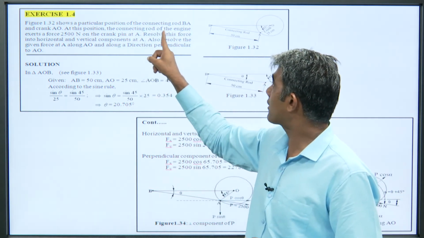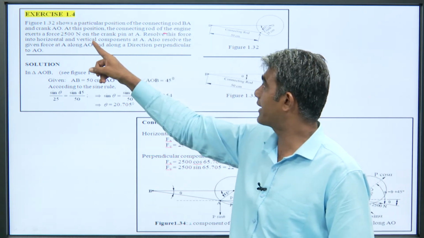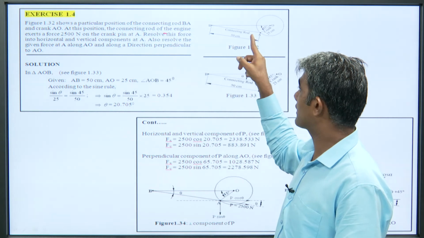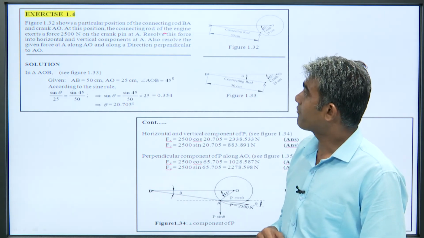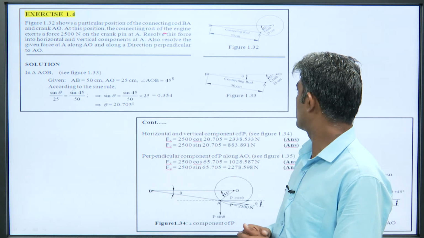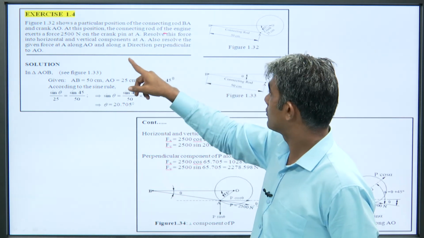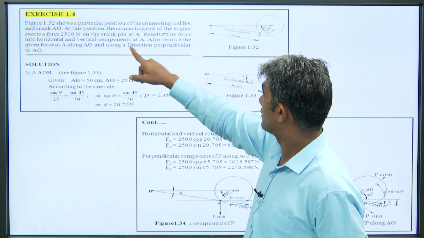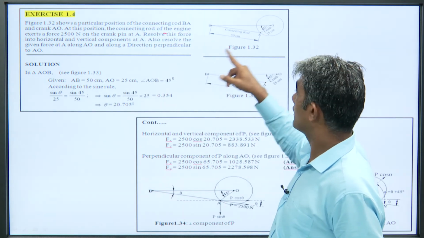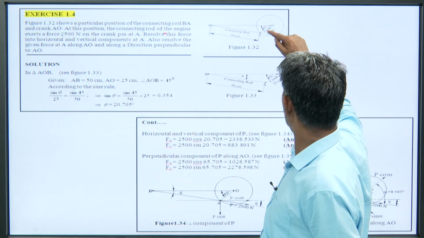At this position, the connecting rod of the engine exerts a force of 2500 Newton on the crank at A. Resolve this force into horizontal and vertical components at A. Also resolve the given force at A along AO, and along a direction perpendicular to AO.